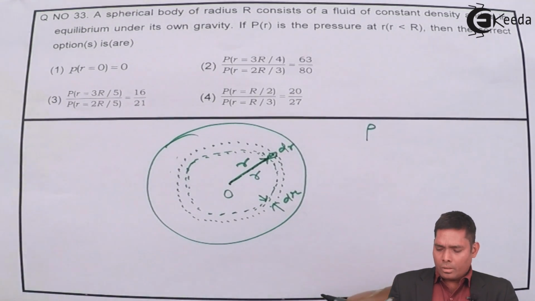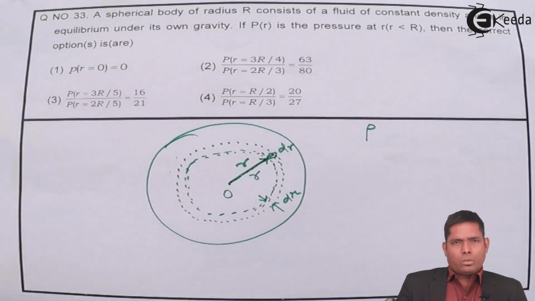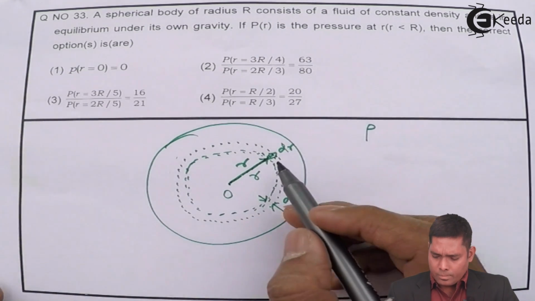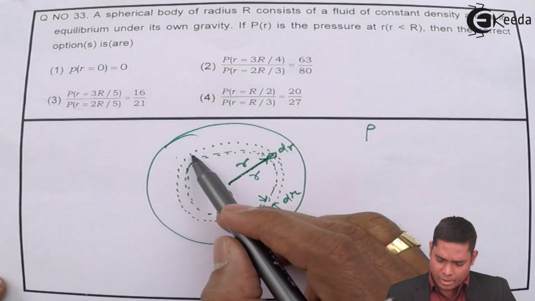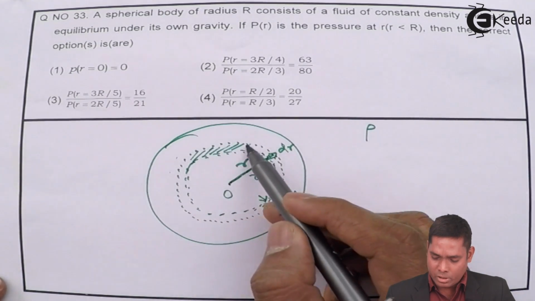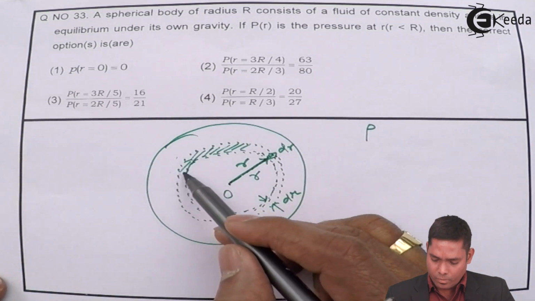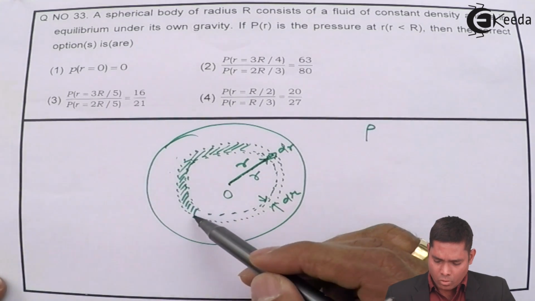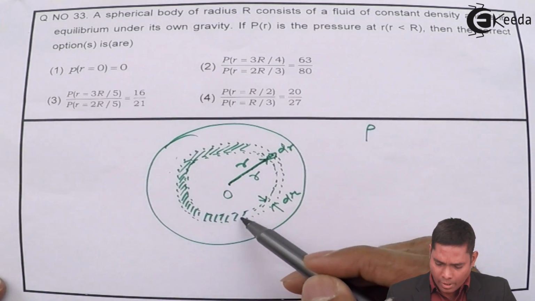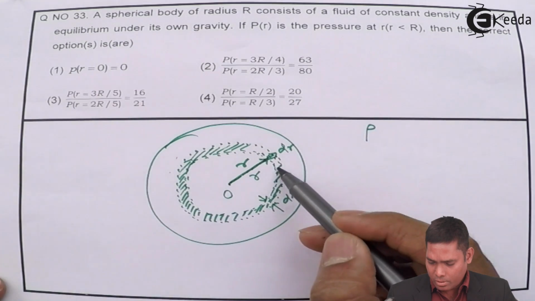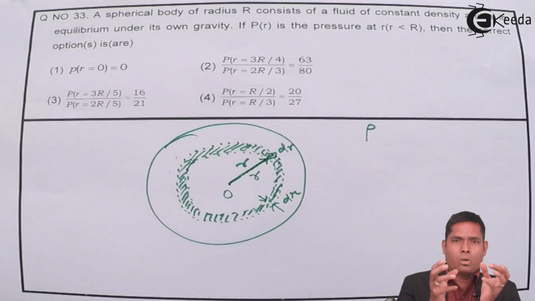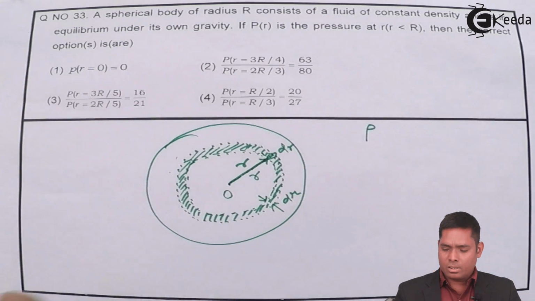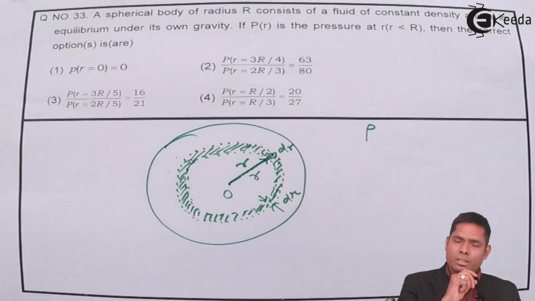This element that I have considered, this elementary section, is a hollow sphere whose thickness is dr.